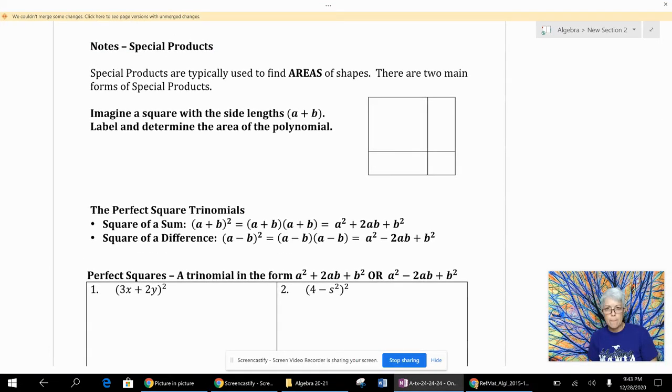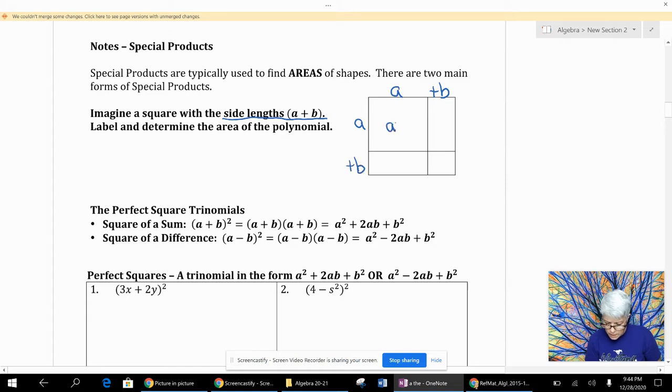So let's say I'm trying to find the area of a square. And let's say that the side length of that square was a plus b. So to find the area, obviously I have to do side times side. So I'm just going to use the box method that we used yesterday.